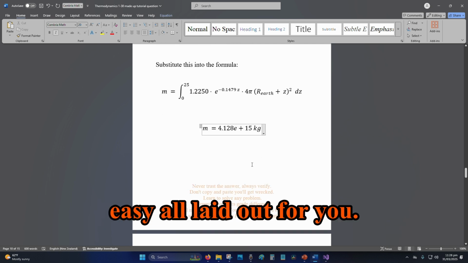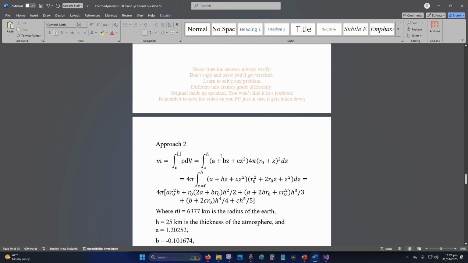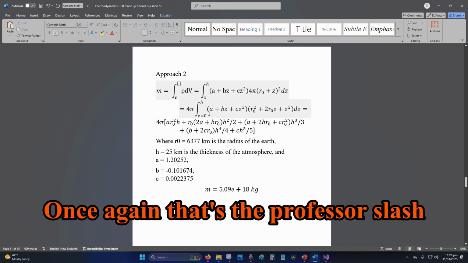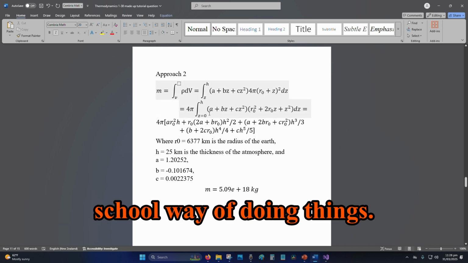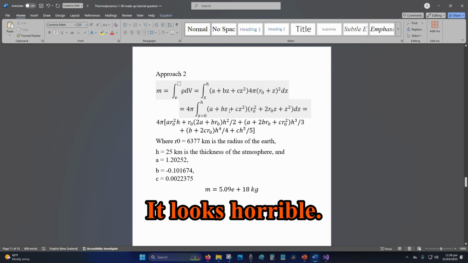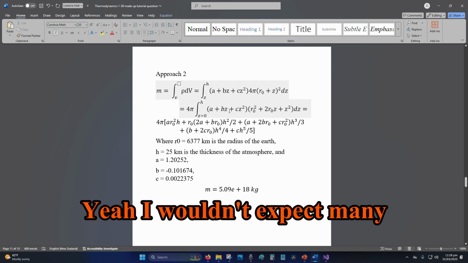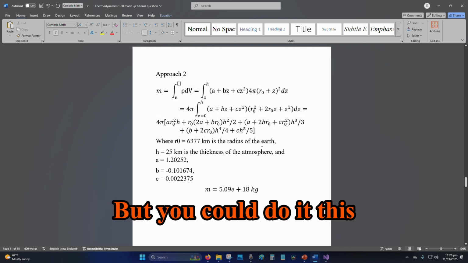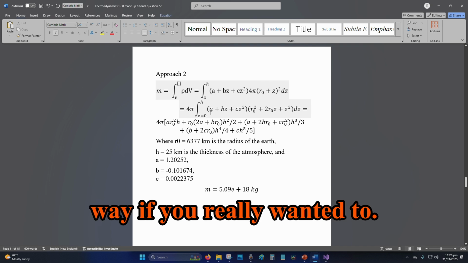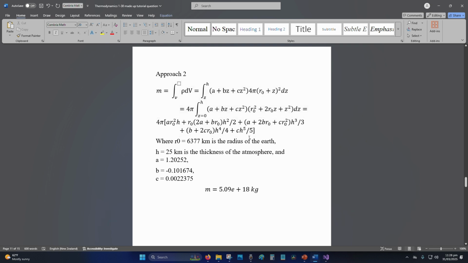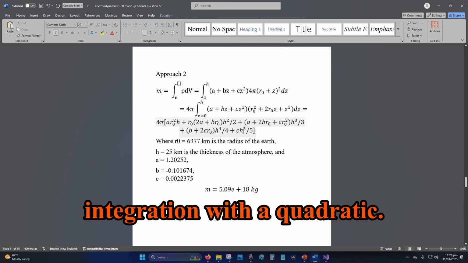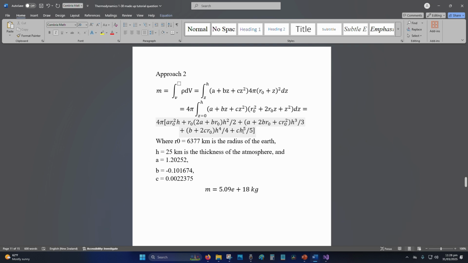So that's nice and easy, all laid out for you. We got approach 2. Once again, that's the professor / textbook / old school way of doing things. It looks horrible, and yeah, I wouldn't expect many students to do it this way. But you could do it this way if you really wanted to. Basically, they're doing the triple integration with a quadratic.